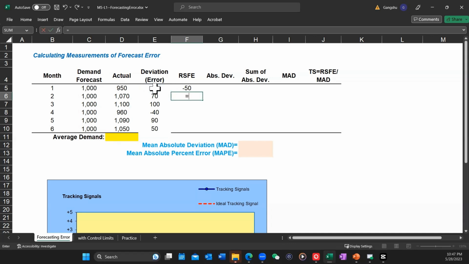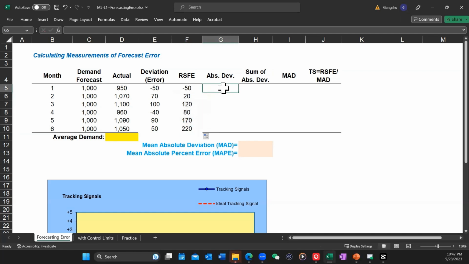For the second data point, that will be the new data point plus the sum of the previous data point. And we have 20 for this data point. And we just pull it down to obtain the running sum forecast error for every single month.